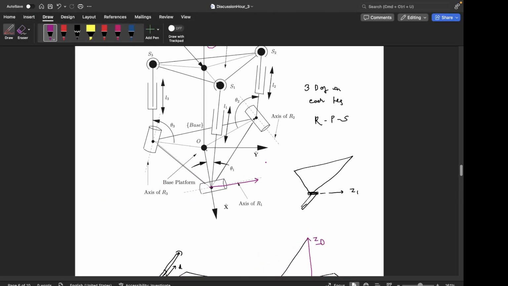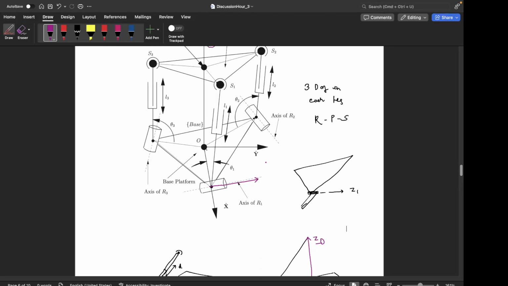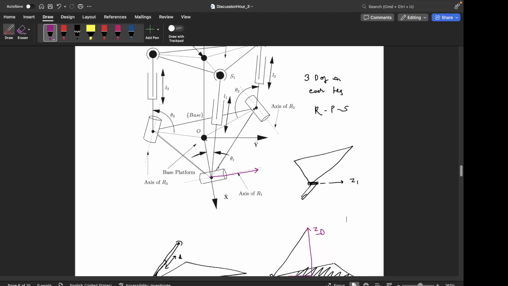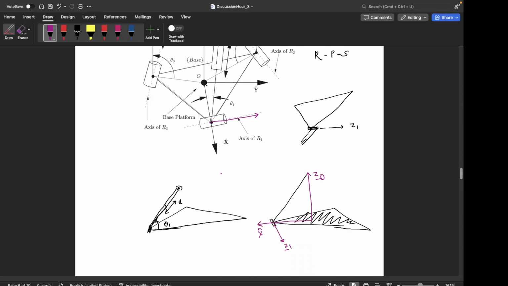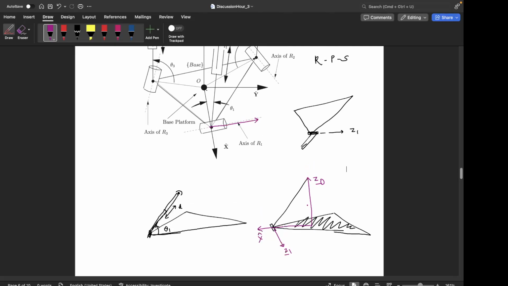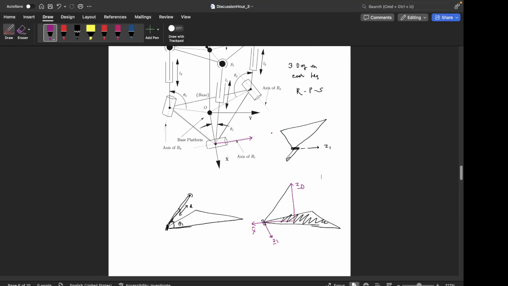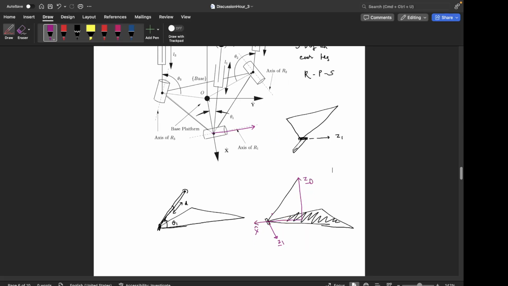Because this axis is along here and this is up, so if I rotate this like this, that's first.